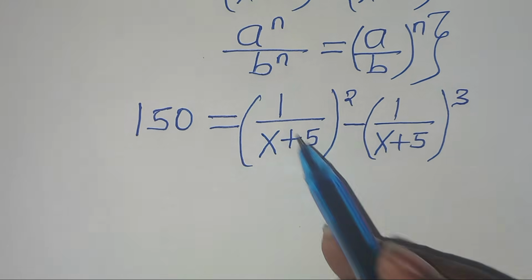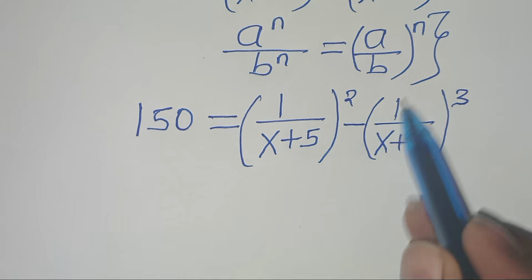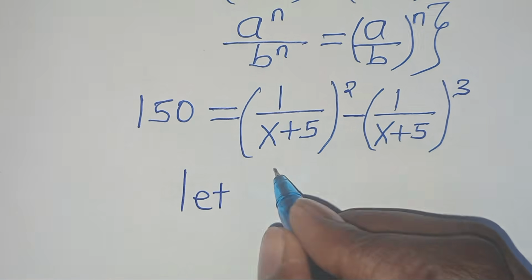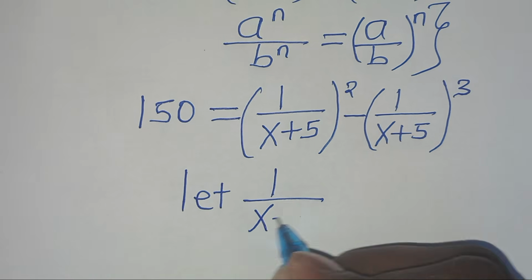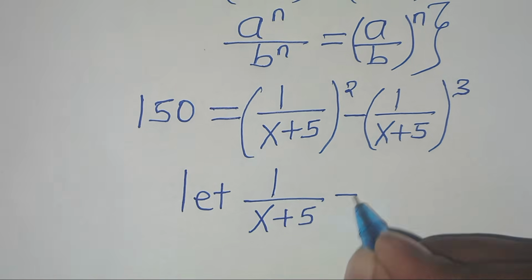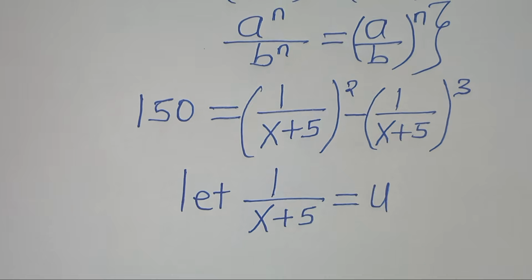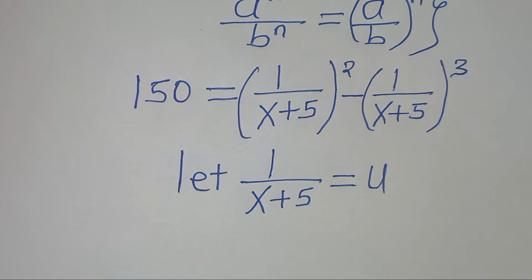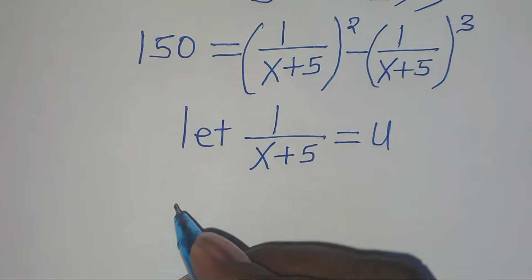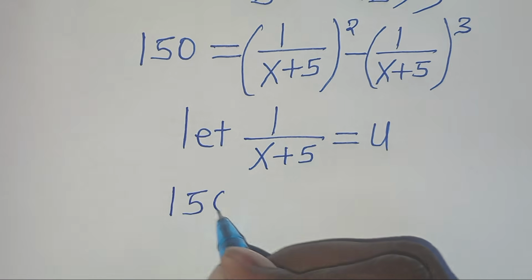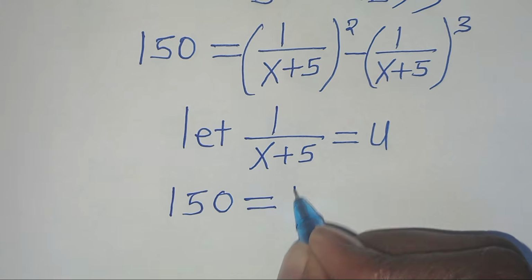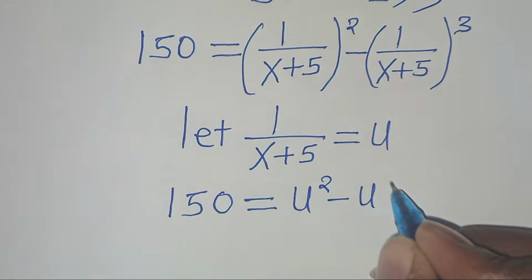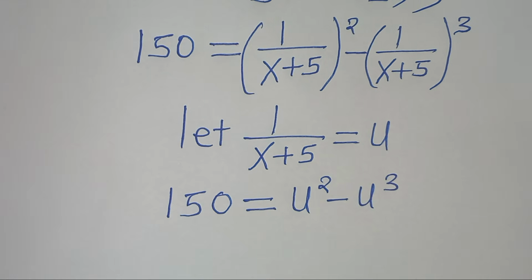So you can see we have 1 over x plus 5 is common here. So we can let 1 over x plus 5 be equal to u. So let's express this equation here in terms of u. So we have 150 equal to u to the power of 2 subtract u to the power of 3.